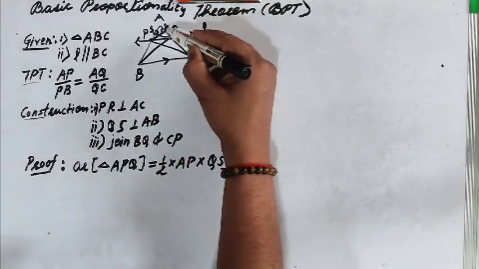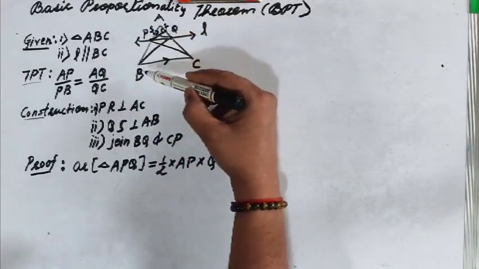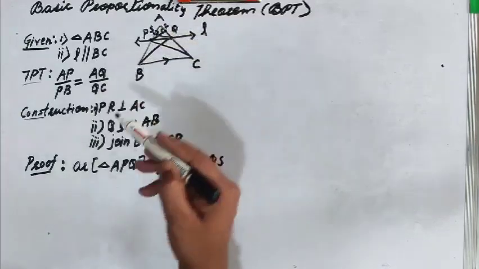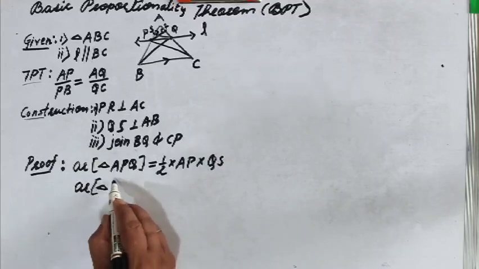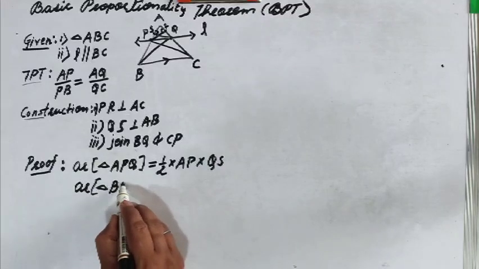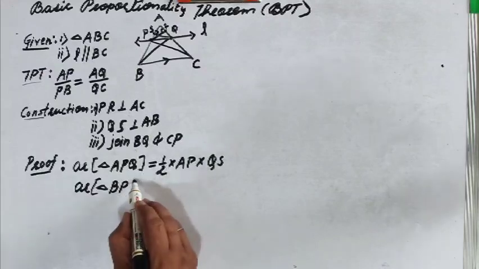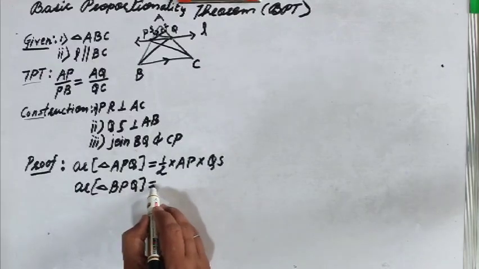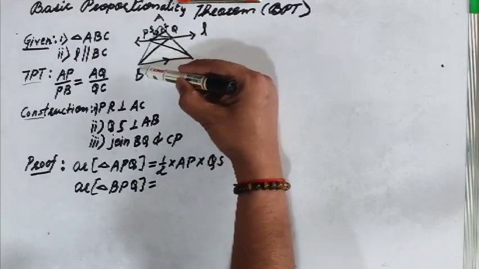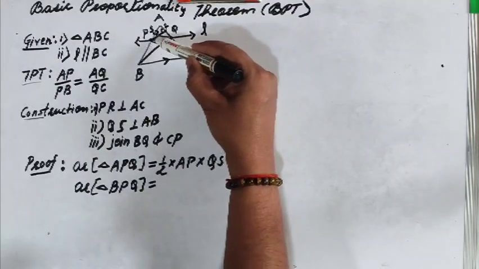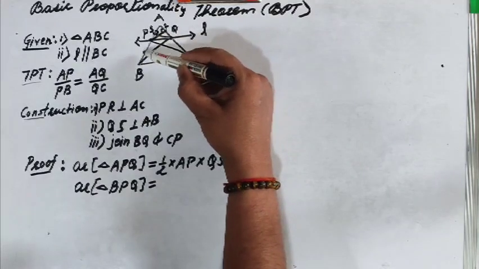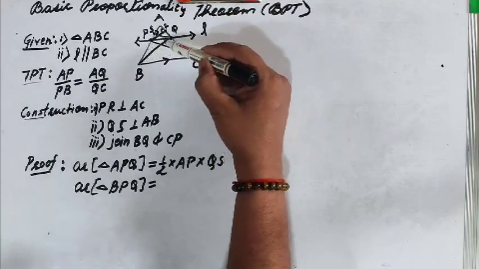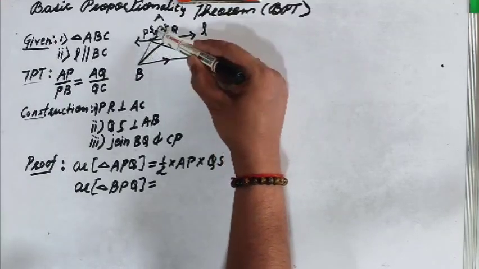Similarly, now one triangle you have taken APQ. So the second triangle you take as BPQ. Also, area of triangle BPQ, now if you observe carefully, triangle BPQ is obtuse-angled at the point P. So the area of this triangle will be, if you take PB as a base, and the height will be the same, that is QS.